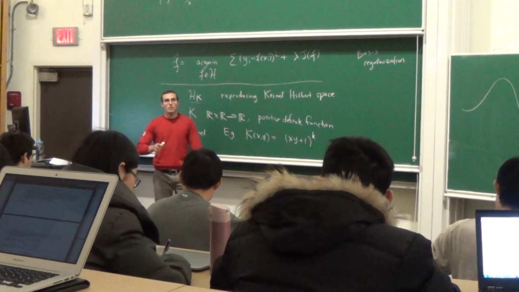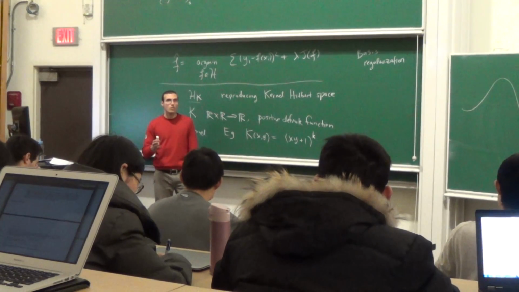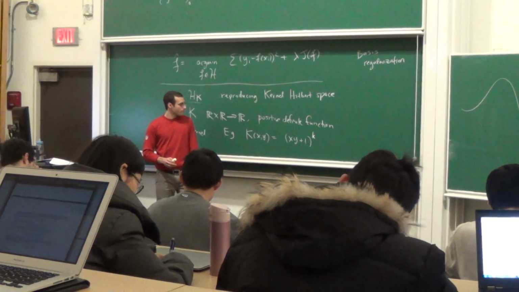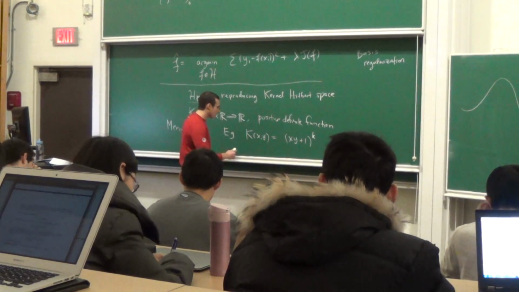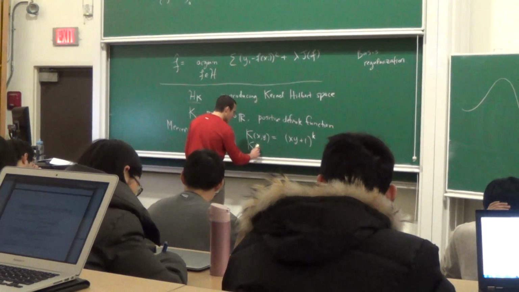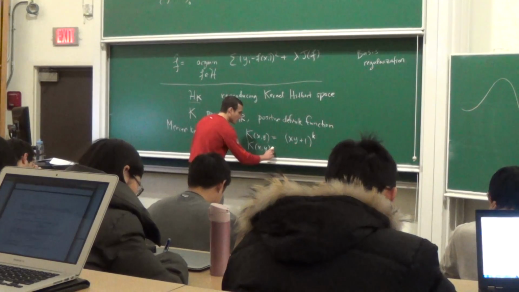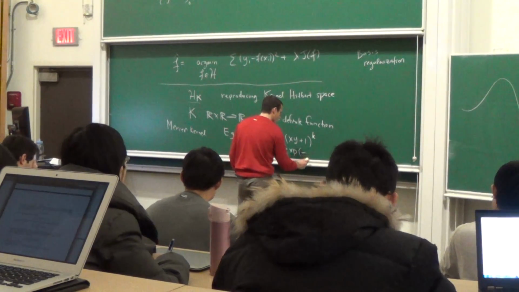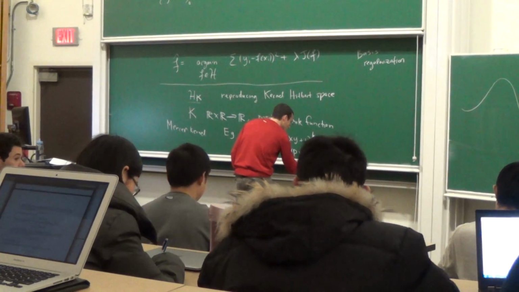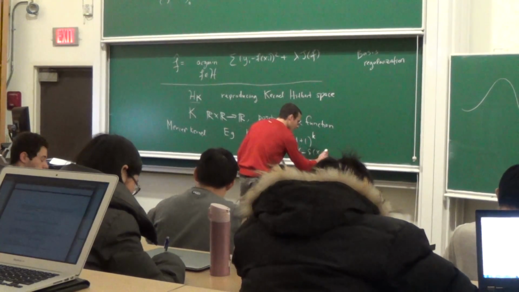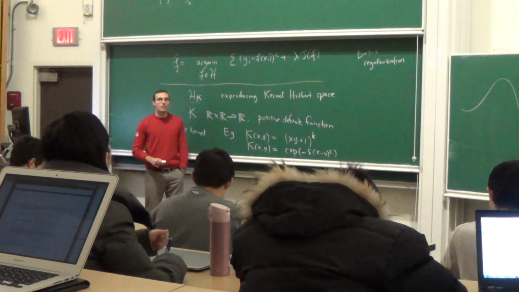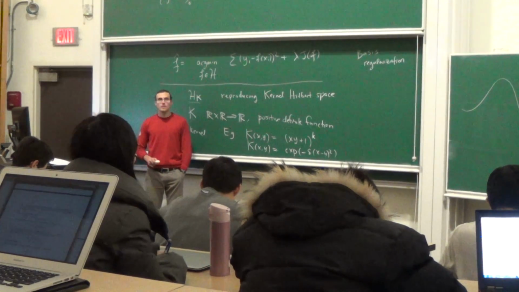This is probably the closest in terms of the way it looks to local polynomial smoothing or to smoothing splines of order k. Another example is the Gaussian kernel, or sometimes called the Gaussian radial basis kernel. And this looks like e to the minus a constant delta times (x minus y) squared. These are two very common choices of kernel.